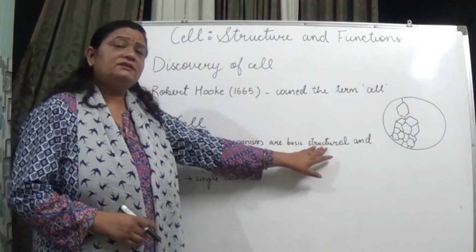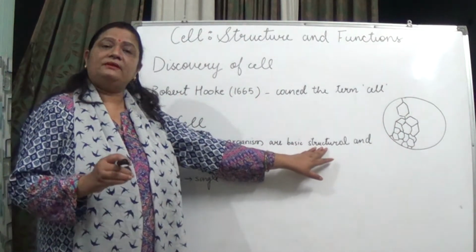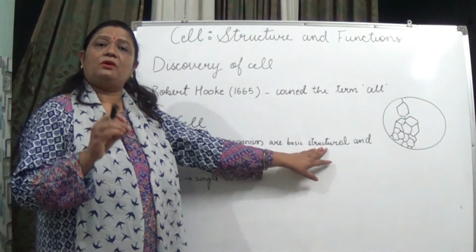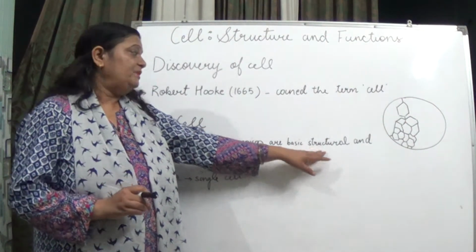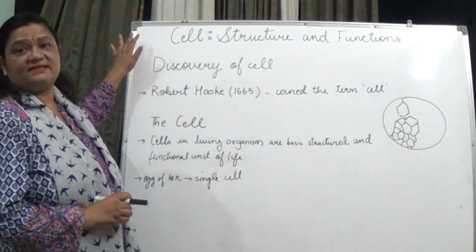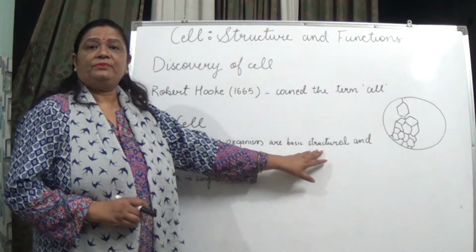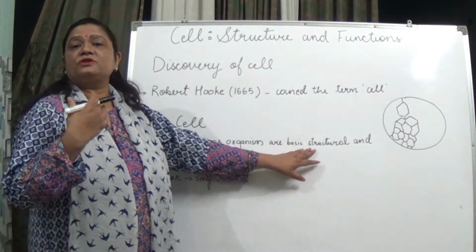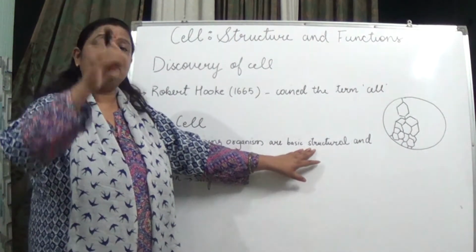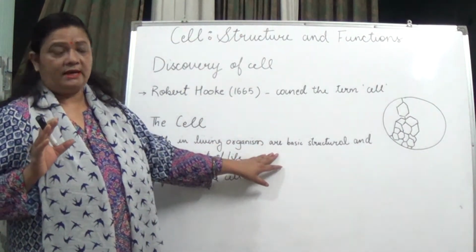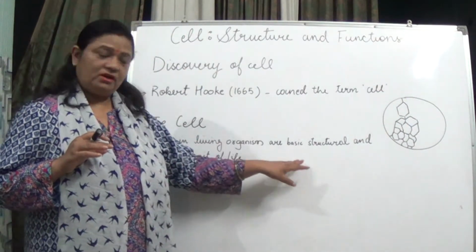Because it is the ultimate structure of a living organism, and beyond this structure, living organisms are not there. This is the basic structure found in living organisms. So it is the structural unit.